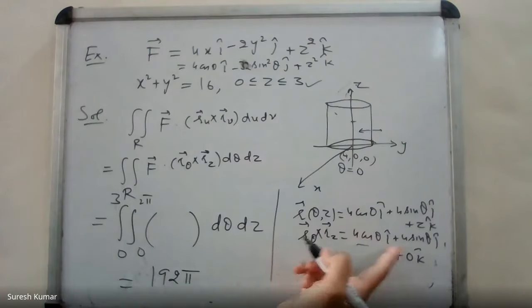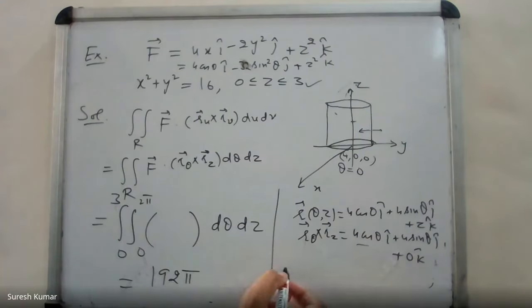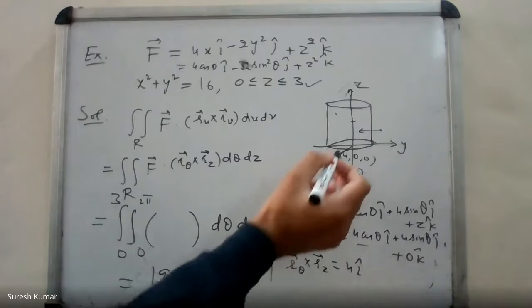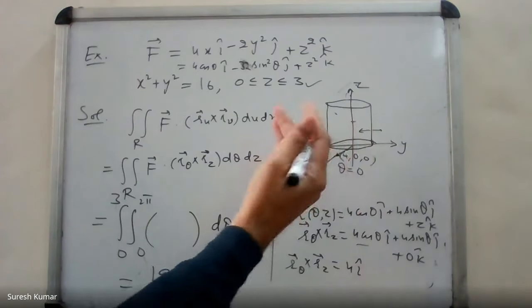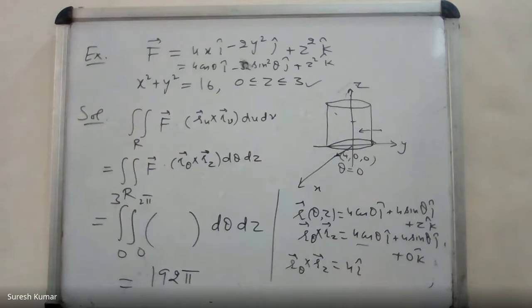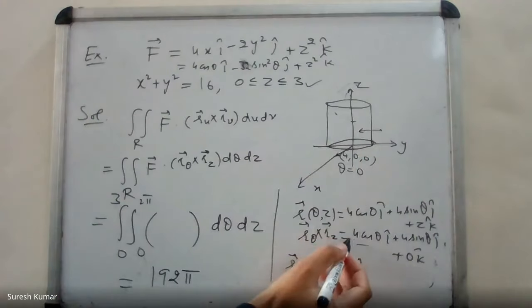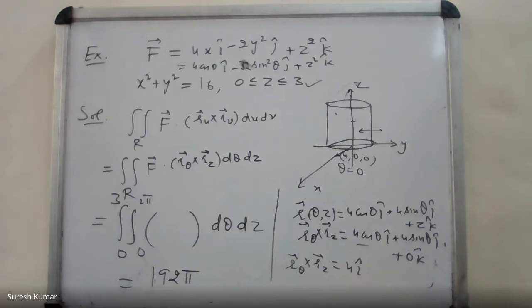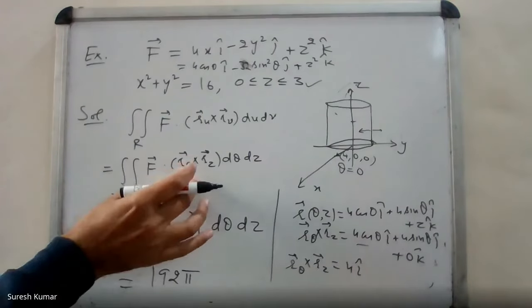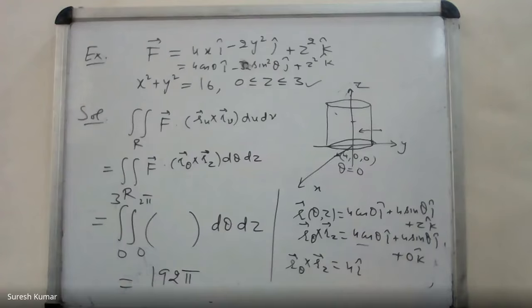If you put theta equal to 0, what is your vector? It is 4 i cap. 4 i cap points in the outward direction to the cylindrical surface. Am I right? Yes, it points in the outward direction, so it's fine. In case it is pointing inward, multiply the whole vector by -1 to find the outward flux. Okay?